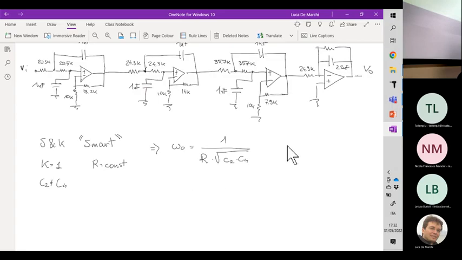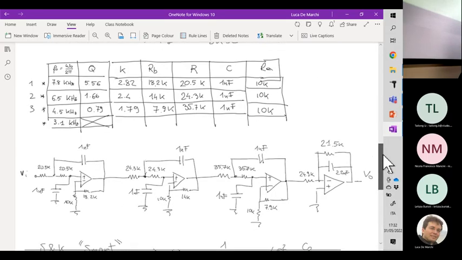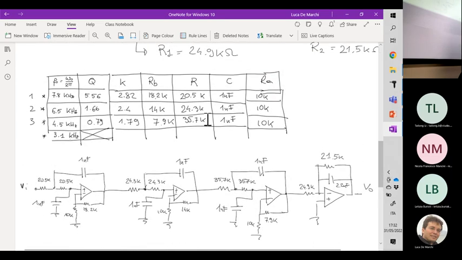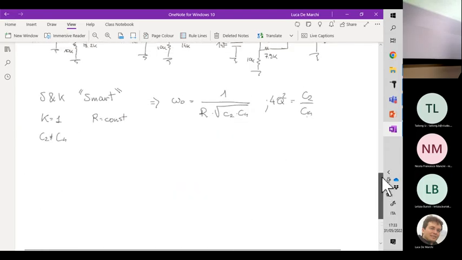And then the second parameter of the second order transfer function, that is the quality factor, is set by taking into account that 4 times Q squared is equal to C2 over C4. So we can rewrite the previous table by taking into account this new relationship.